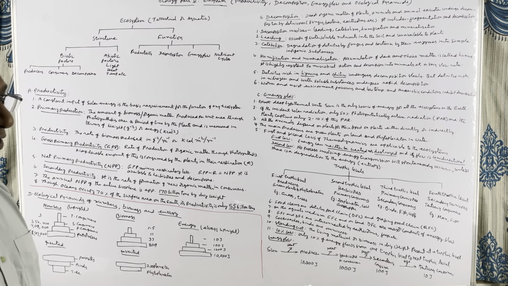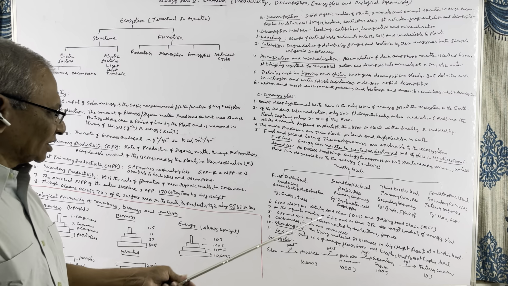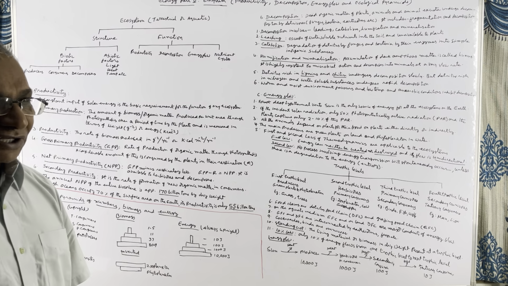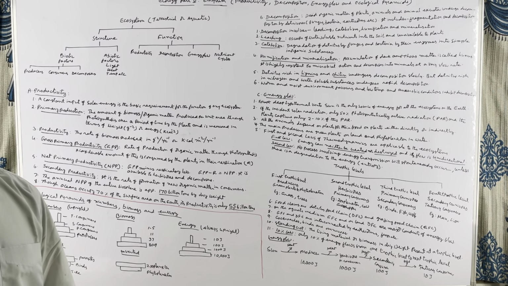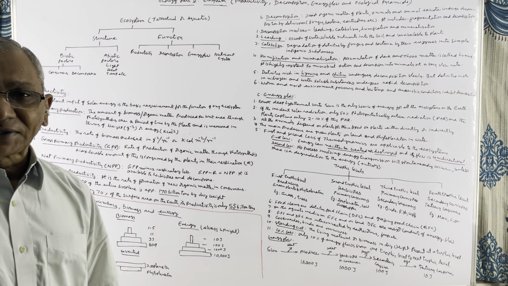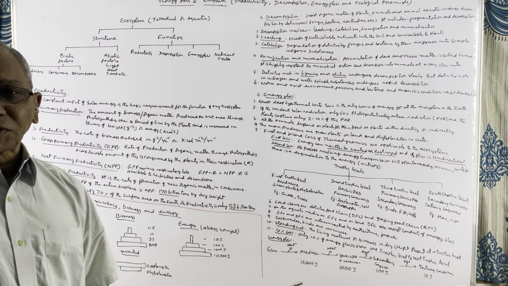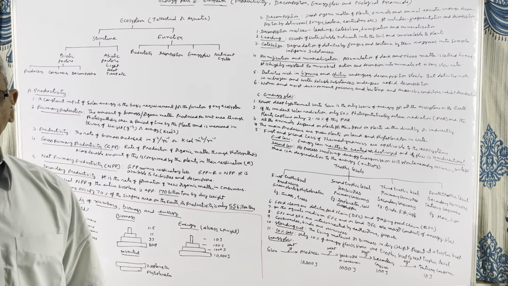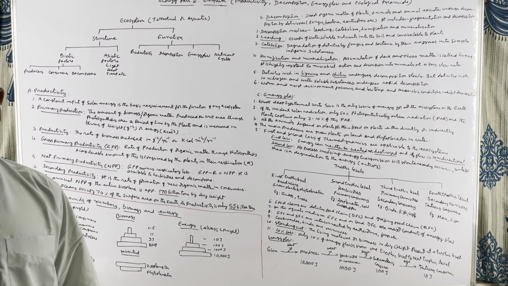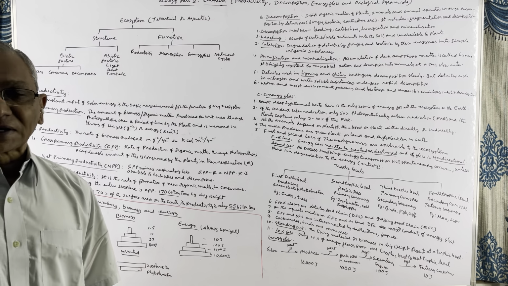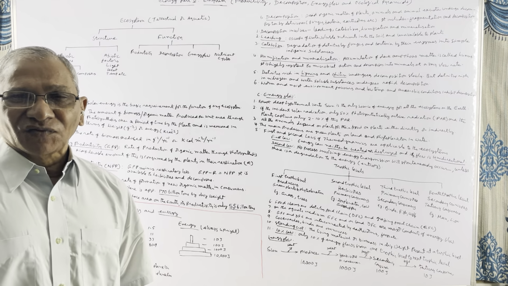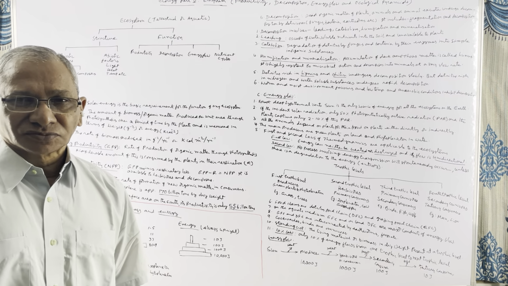Detritus food chain begins with detritus. And these two food chains are not entirely separate. They are interconnected at different levels. And no separate food chain can exist on its own. A number of food chains are interlinked, forming a web, a food web.